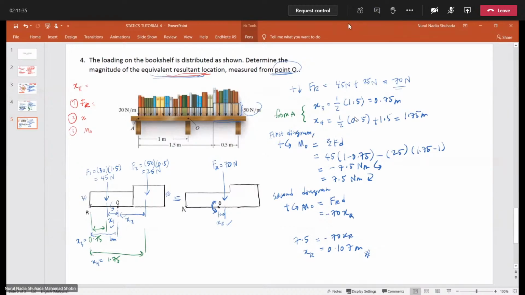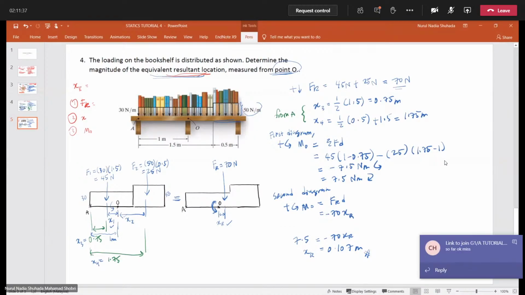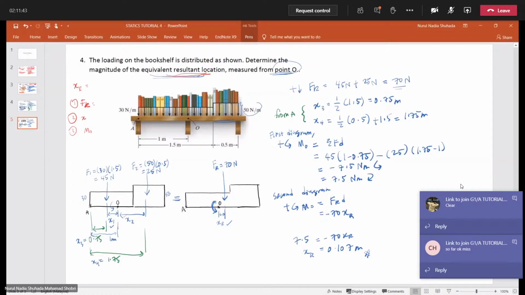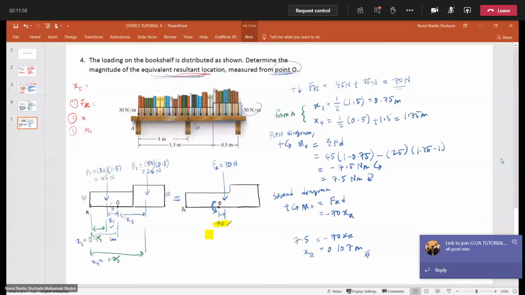I will brief question number 4. Basically, this is what question number 4 wants. To find this, you have to use these equations. When you use the equation, this is what you get.